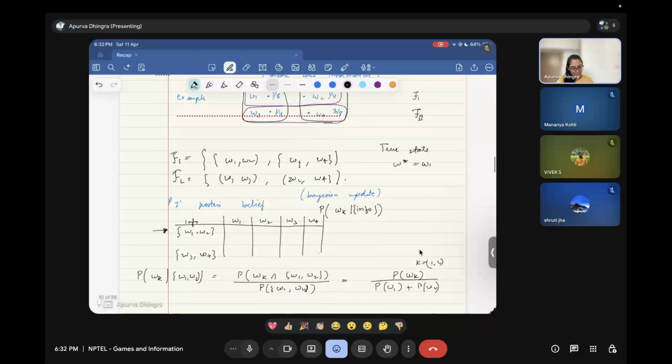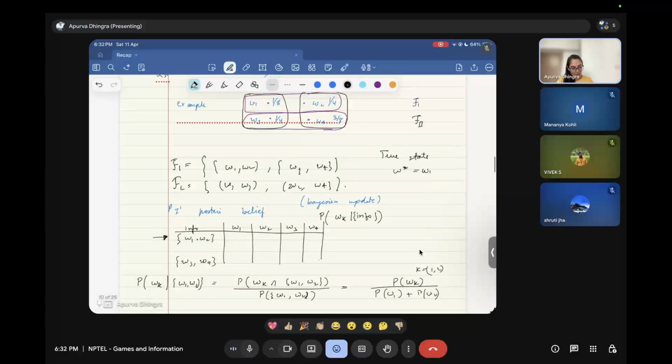Now, the probabilities that we're talking about, the belief probabilities, are based on, given that we are in a particular information set. There is some true state of the world. Let's say the true state of the world is omega 1. Player 1 will not be able to distinguish between omega 1 and omega 2, but player 2 will not be able to distinguish between omega 1 and omega 3.